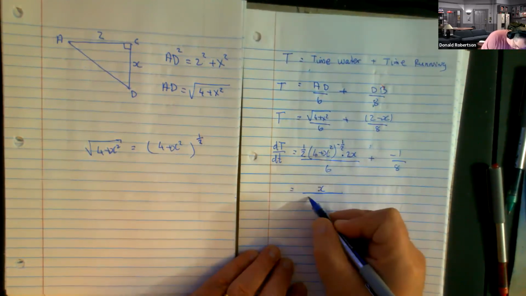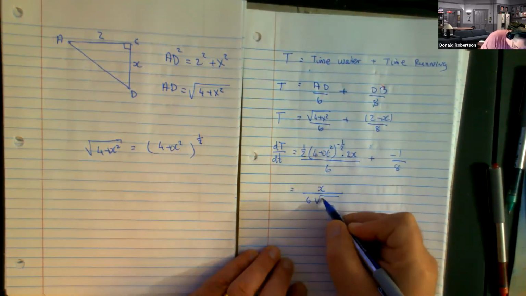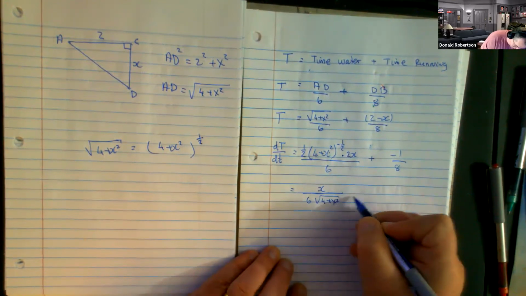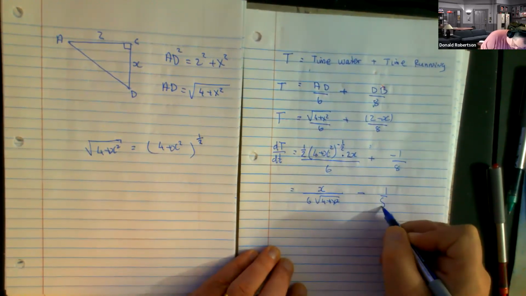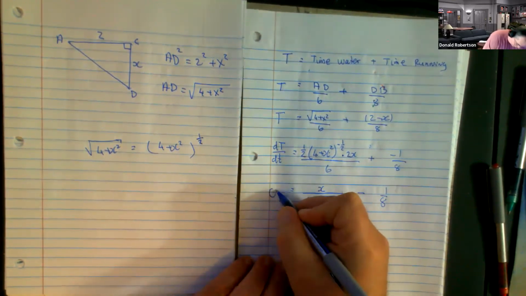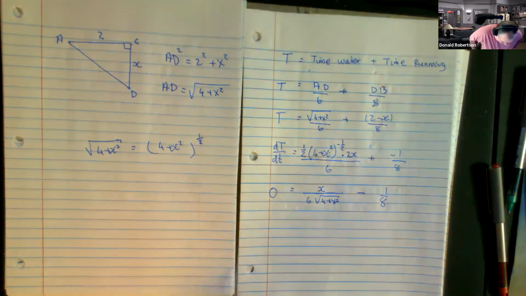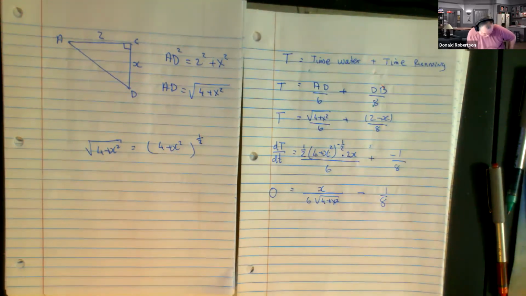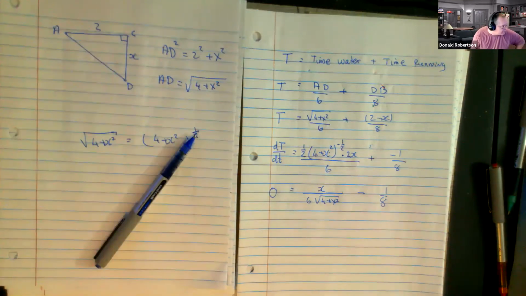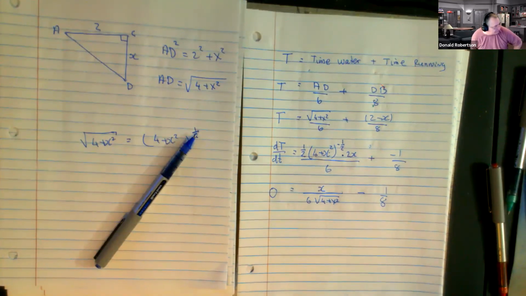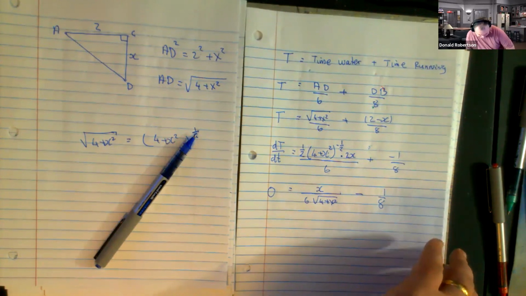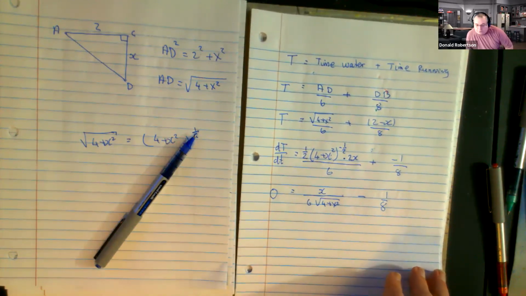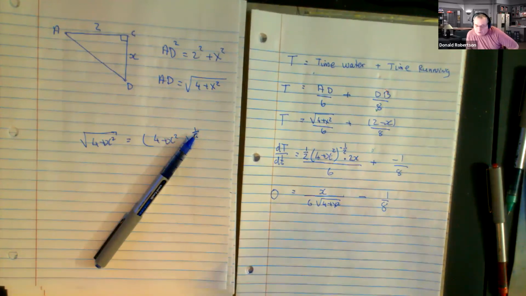This guy comes downstairs and you're going to get a 4 plus x squared minus an 8. But we're trying to solve when is that guy equal to 0. Are we good so far?